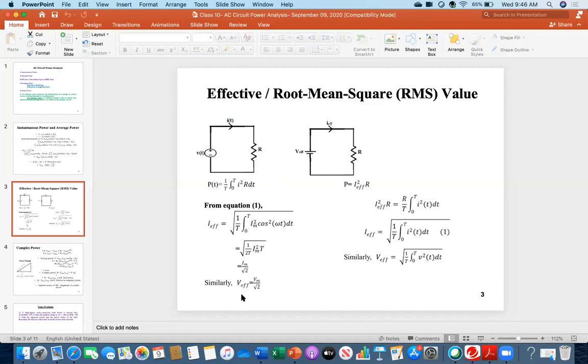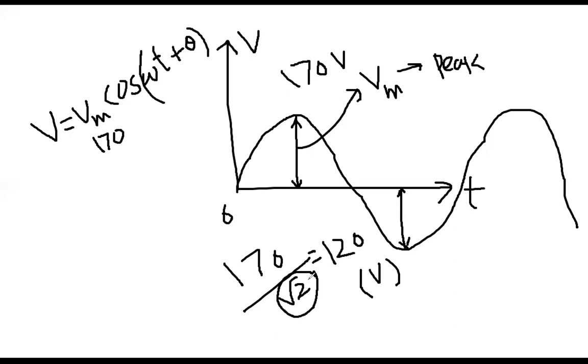That's why, from this knowledge, I did that one. Because I know this is the peak value, I have to divide by root 2 to get the effective or RMS value.